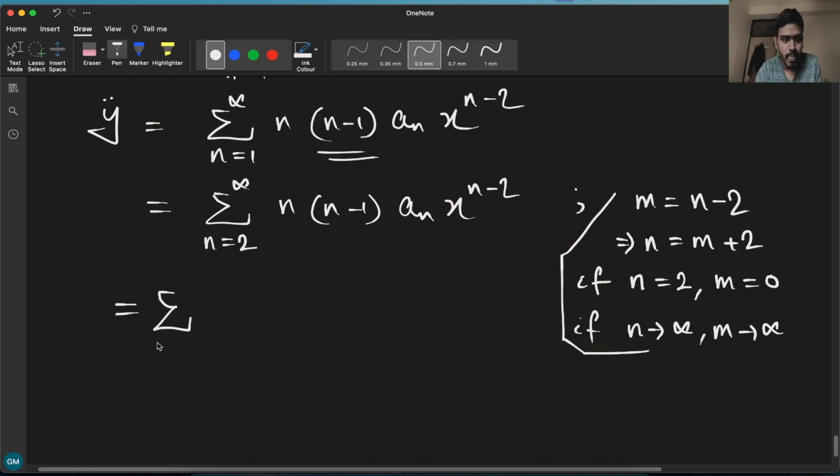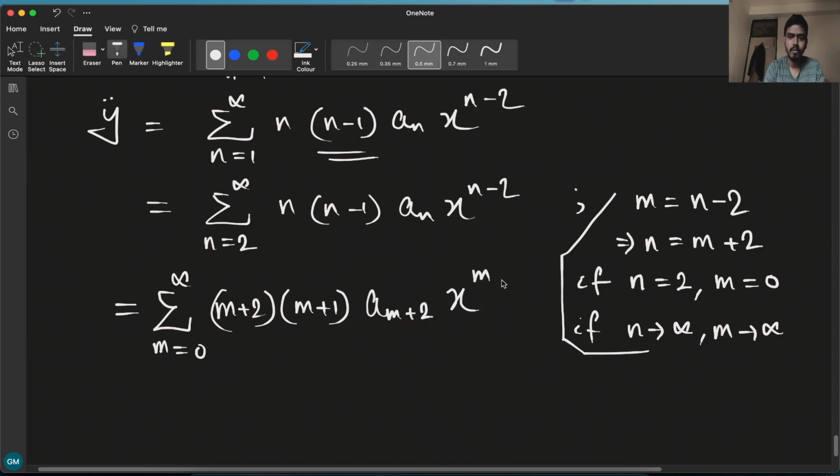Then I can just replace the index n with m, so it will be the sum from m equals 0 to infinity of m plus 2 times m plus 1 times am plus 2 x to the power m.